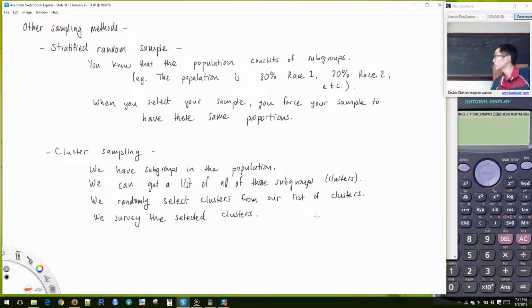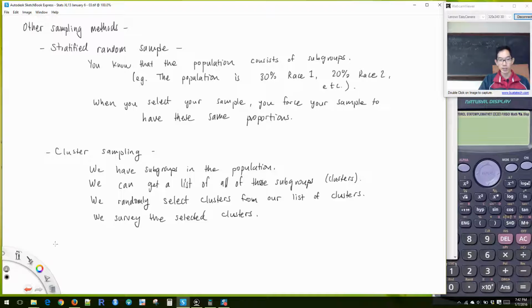Okay, and so these are just other sampling methods that exist in the world of sampling. Again, in our class, we're going to just assume that the samples we've selected have been selected randomly, simple random sampling.